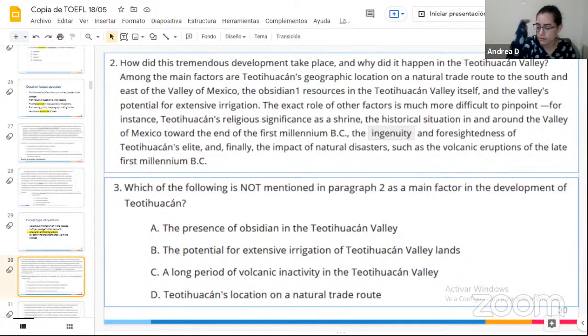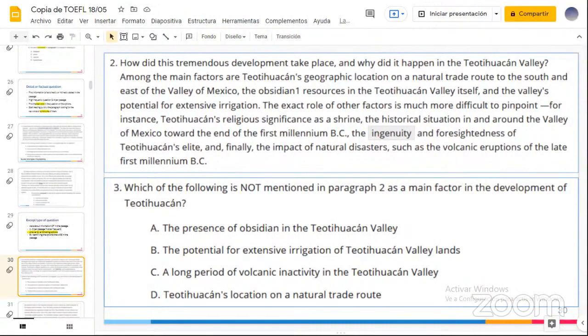Maybe Adriana? Want to read this? Yes, sure. Which of the following is not mentioned in paragraph 2 as a main factor in the development of Teotihuacan?